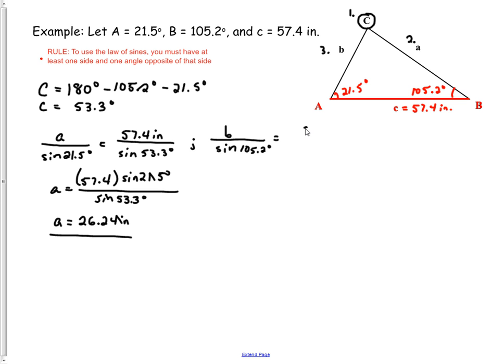Again, we're going to go with 57.4 inches divided by the sine of its opposite angle, which is 53.3 degrees.